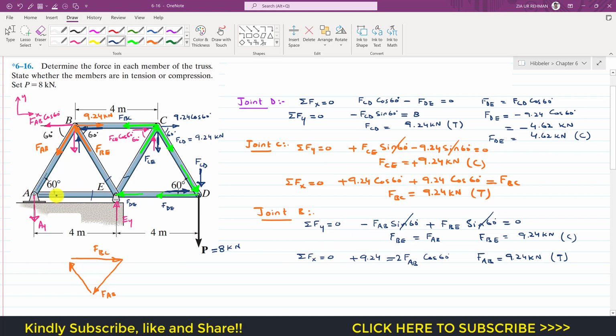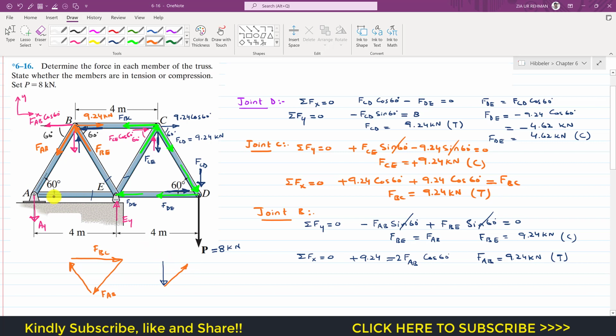Now to find the force in this FAE, we can consider this joint A. Again, at joint A we have three forces, so we have to choose the forces in such a way that they make a closed triangle. So this is the AY force, and this FAB, we know FAB, so FAB is the tension force, so it must be acting away from this joint A, so it must be acting in this direction.